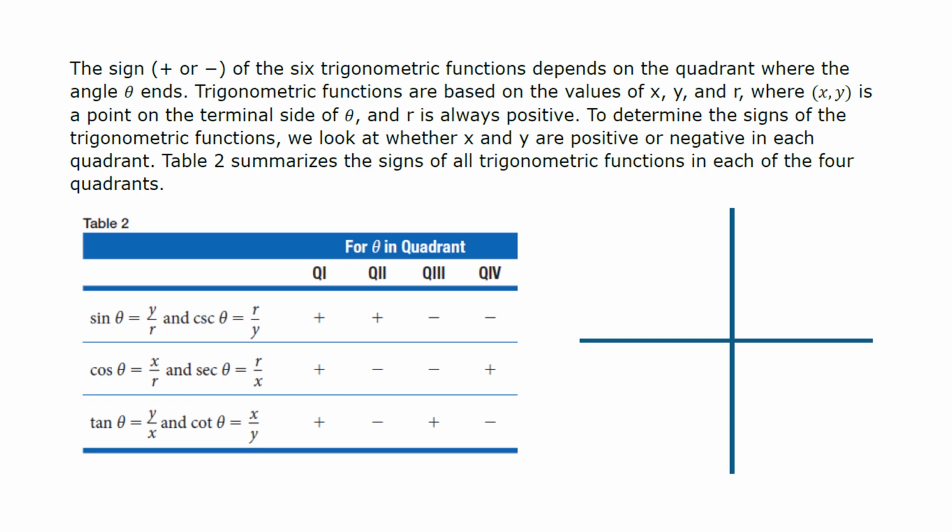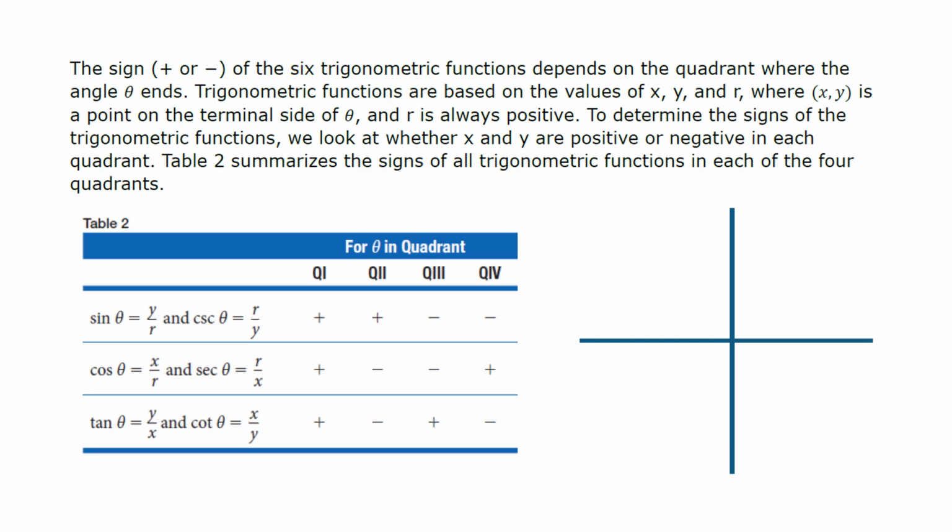Trigonometric functions are based on the values of x, y, and r, and where our point, x, y, is a point on the terminal side of theta, and r is always positive. To determine the signs of the trigonometric functions, we look at whether x and y are positive or negative in each quadrant. Table 2 summarizes the signs of all the trigonometric functions in each of the 4 quadrants.